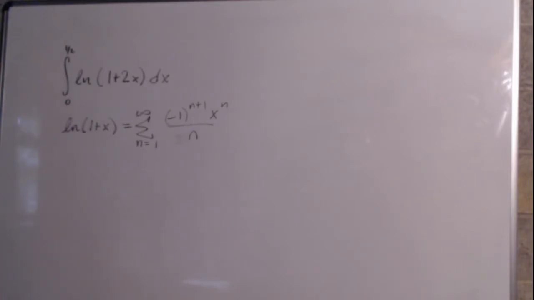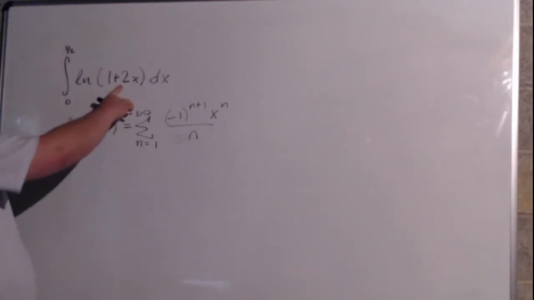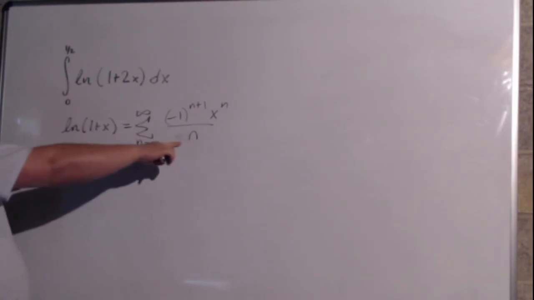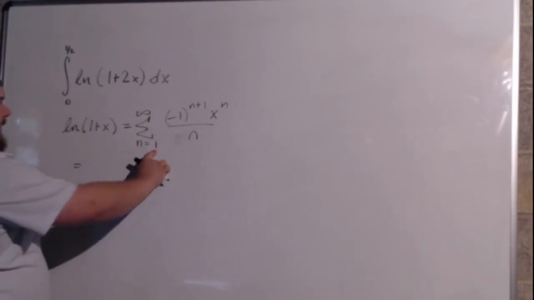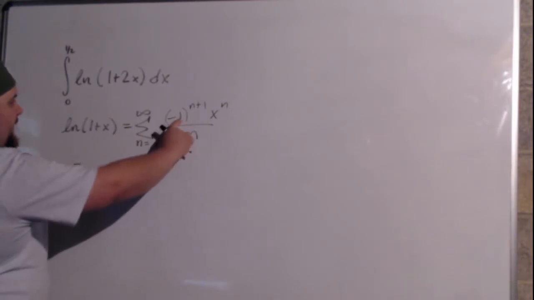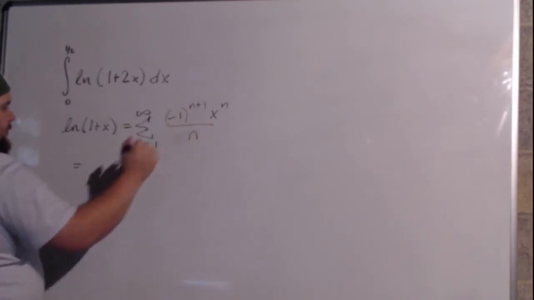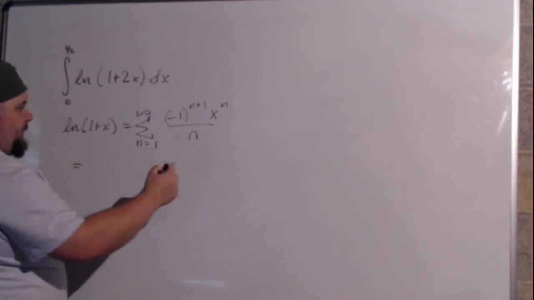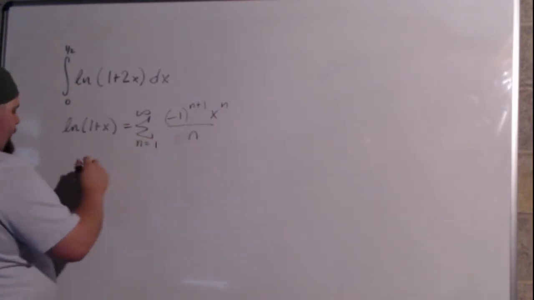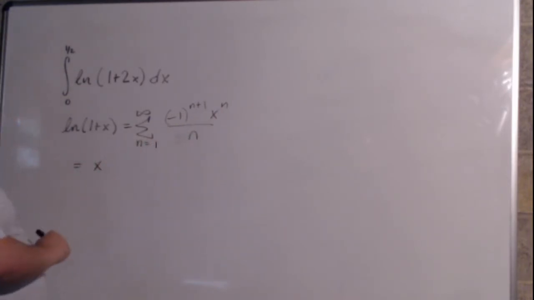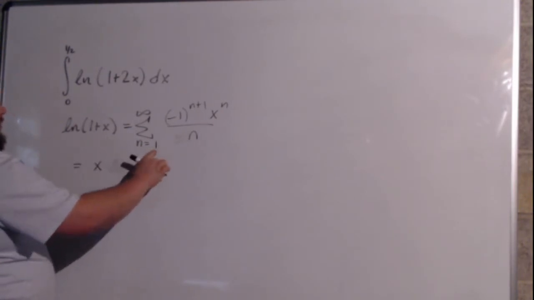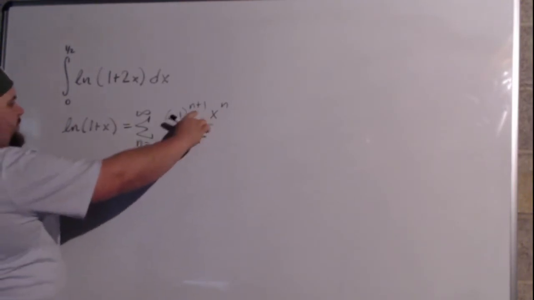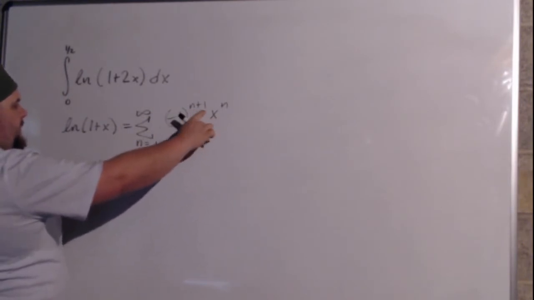All right, good. So if we want to approximate this guy, we can write out the first 5 terms of this. So plug in n equal 1. So negative 1 to the 2, that's positive. X to the 1 over 1, or just x. Then when we plug in n equal 2, this becomes 3 up here.